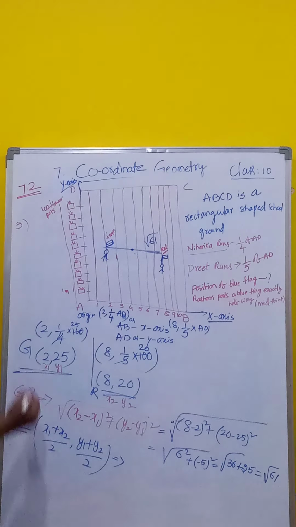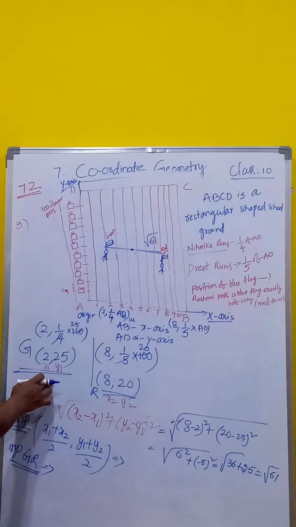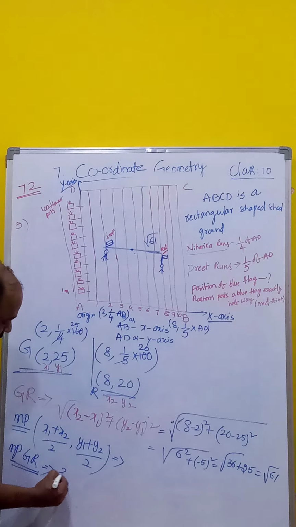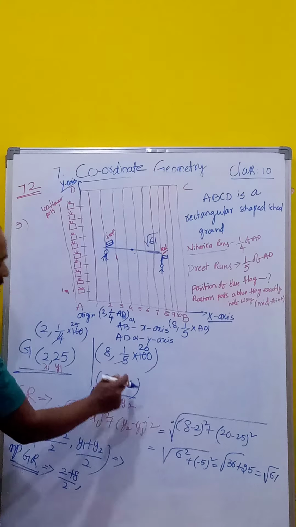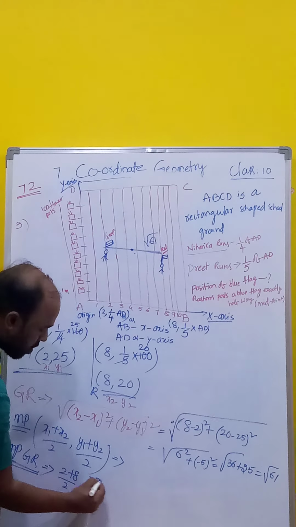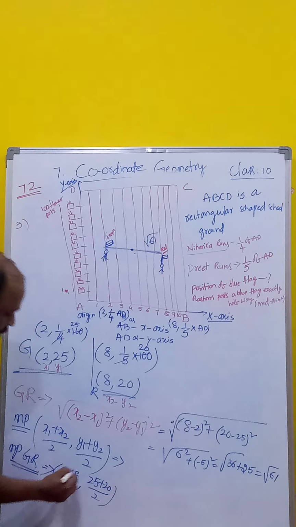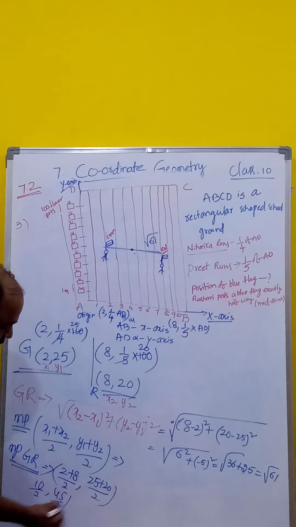The midpoint of GR. Apply directly, x1 y1 and x2 y2 values we know. 2 plus 8 by 2 comma 25 plus 20 by 2. 2 plus 8, 10 by 2. 25 plus 20, 45 by 2.